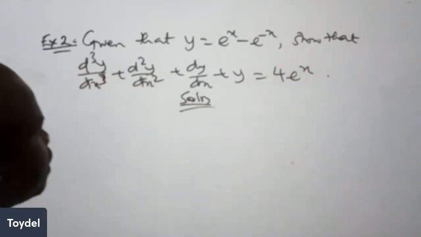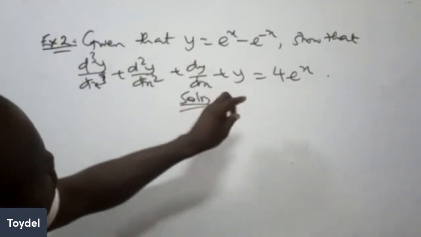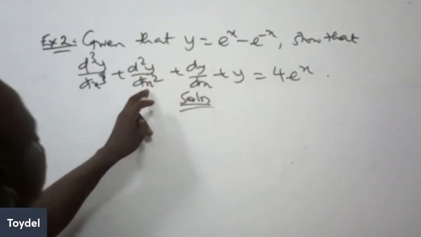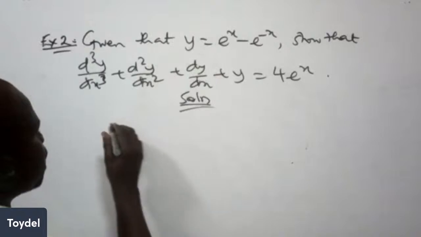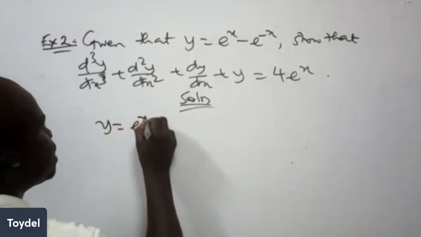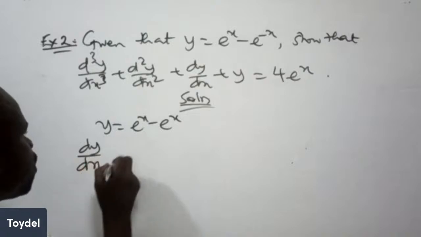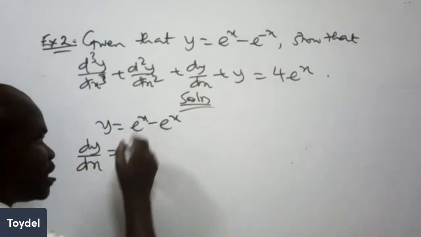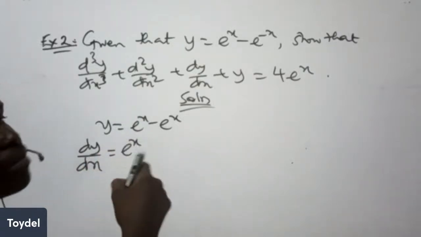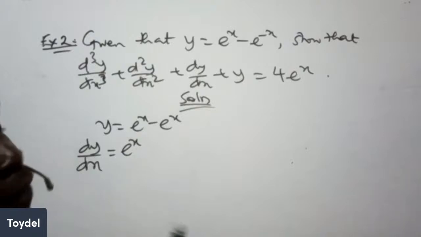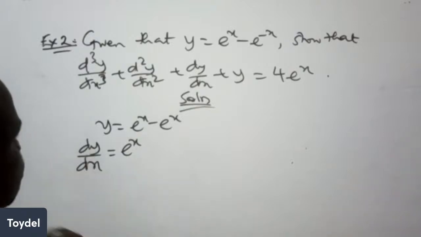So invariably, we are asked to find the first derivative, second, and third. We are given y. Y is given as e^x minus e^(-x). So dy/dx, the first derivative: of course, the differentiation of e^x is e^x. So check my video on derivative of exponential functions. You know this.